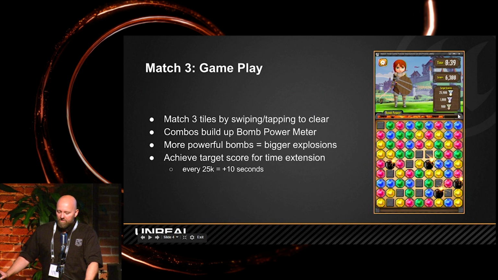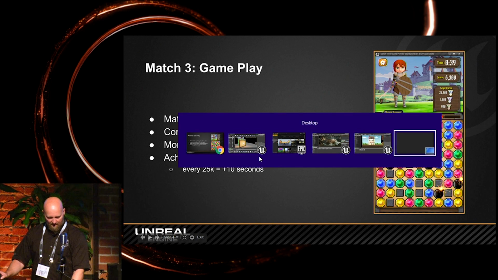When you max out the meter, the bombs turn red, and every single bomb on the screen will explode. It's really a time attack sort of game. You're trying to get as many combos, as many points as possible before the timer runs out. Every time you hit 25K points, you get 10 extra seconds. So we can actually take a look at that right now.